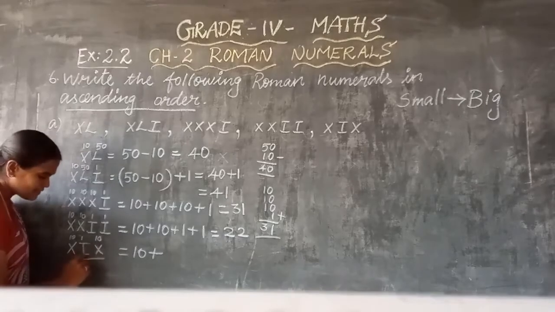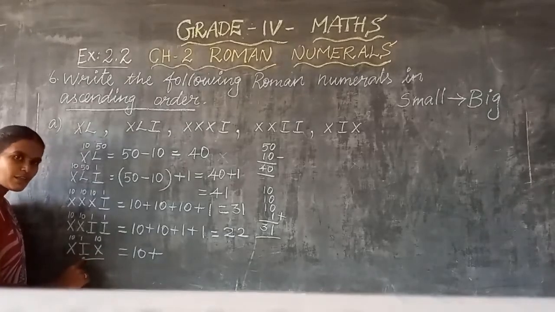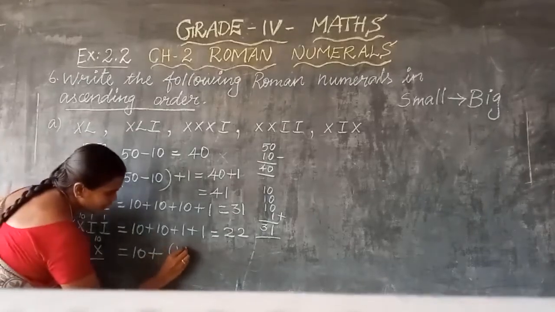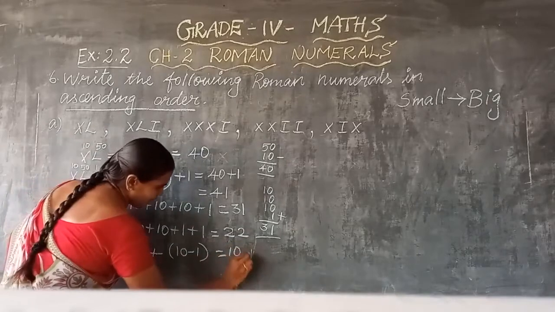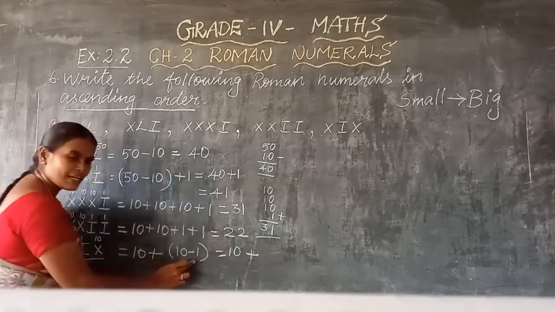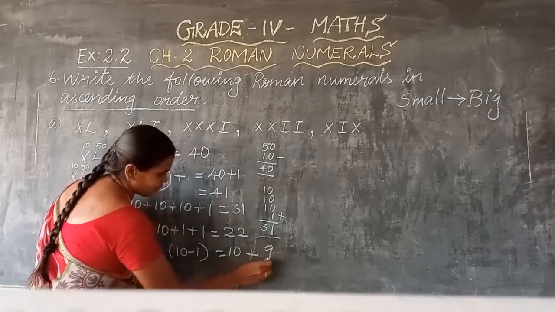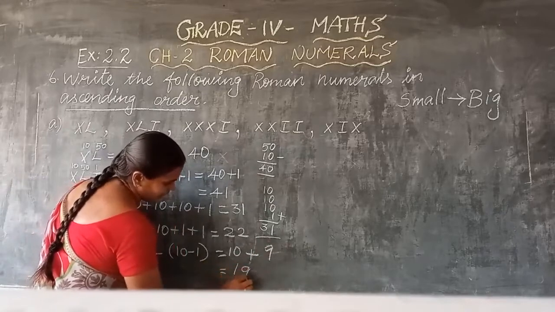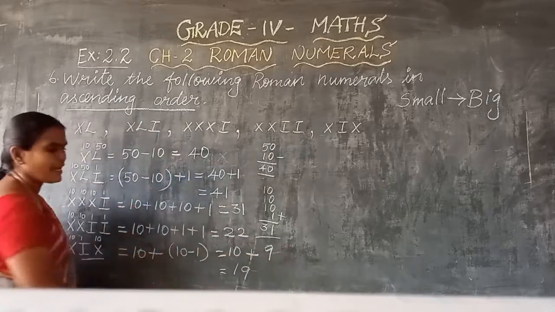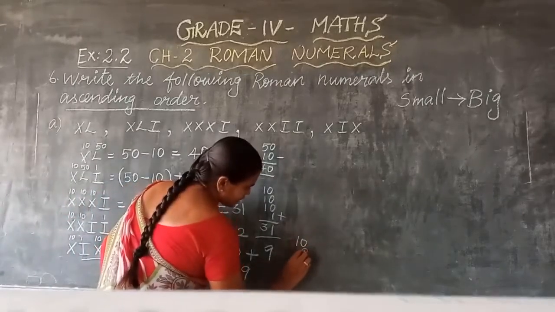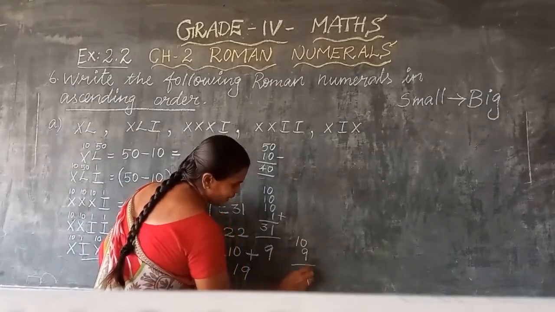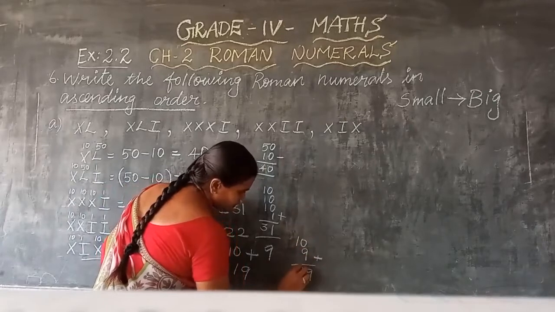X. Left side we have the small number, so subtraction. So 10 minus 1. 10 plus 10 minus 1 means 9. So 10 plus 9, 19. We just add 10 and 9.